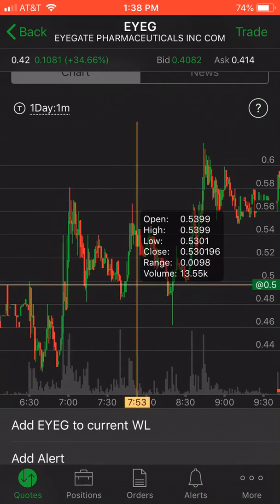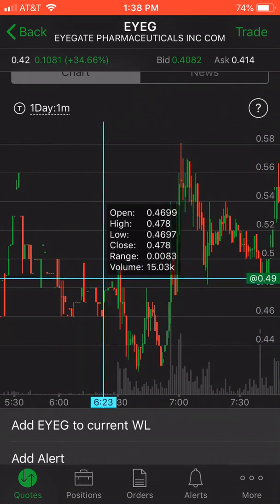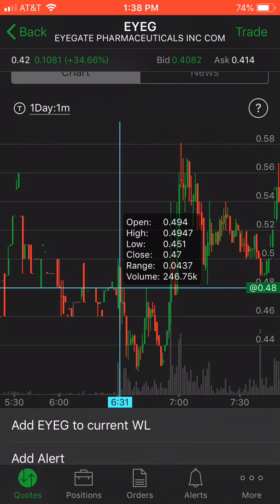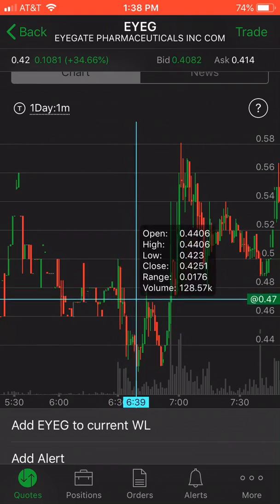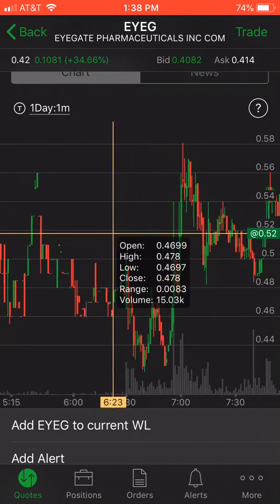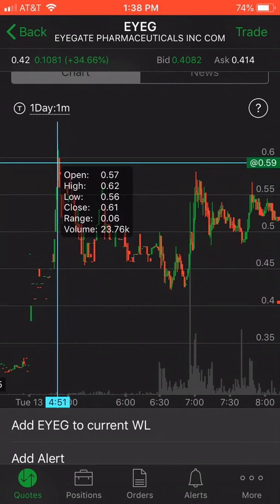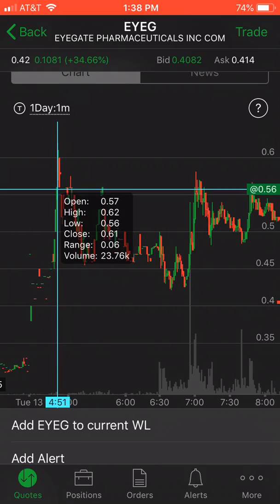Okay, so now if we look at the chart, this was pre-market and it opened at 6:30 California time. And then it did its spike, and the pre-market high was at 62.